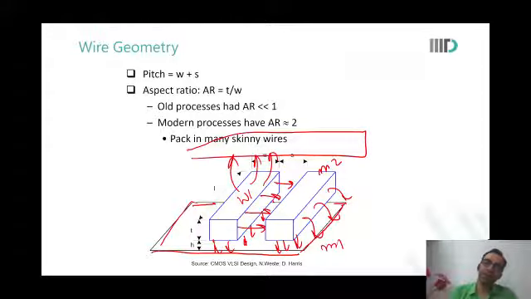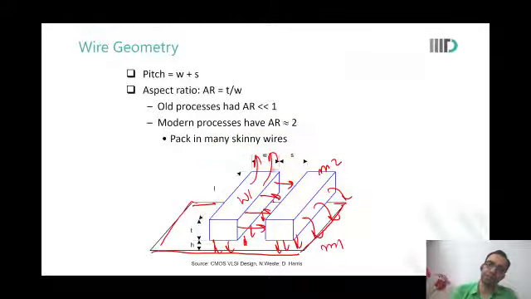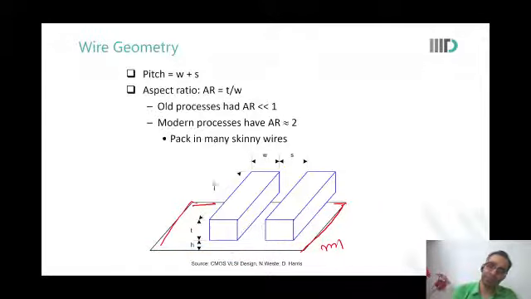In this slide, we're talking about two things: the width of the wires and the spacing between the wires. We're also talking about thickness, the height of the wire, and the intermetal dielectric height, H. An important thing is the ratio of thickness versus width of the wire.